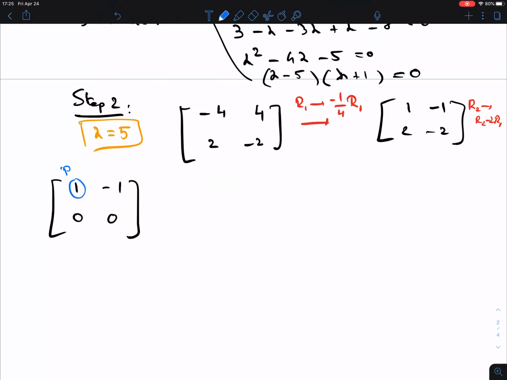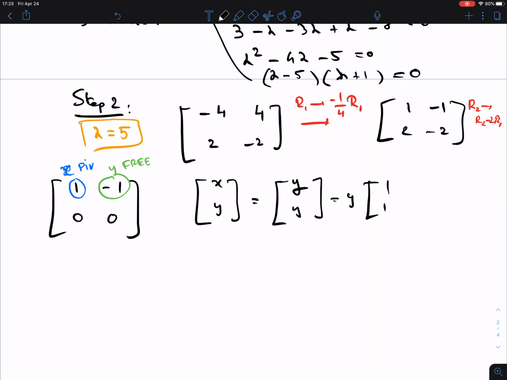So x is the pivot variable, and y is the free variable. So x minus y is 0, so x is equal to y, and y is equal to itself, so the basis for the eigenspace is 1, 1. That's lambda is 5.